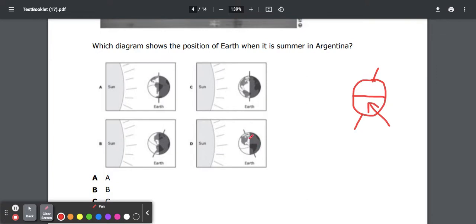Well, in D, it's summer in the northern hemisphere because it's tilted towards the sun. This little axis here is tilted towards the sun, and this one is away from the sun. So that's not going to be my answer choice. But on here, I have my northern hemisphere pointing away from the sun and my southern hemisphere pointing towards the sun. So this is going to be the summer in the southern hemisphere.